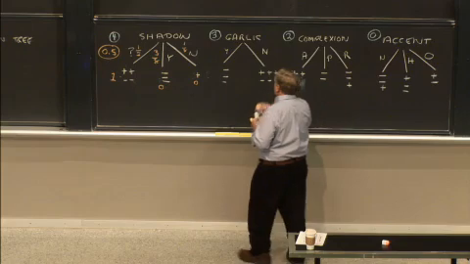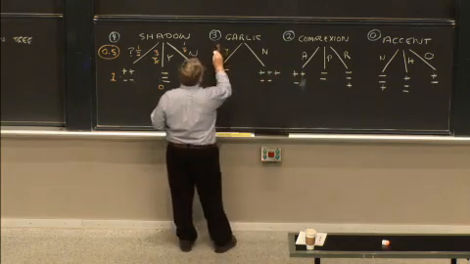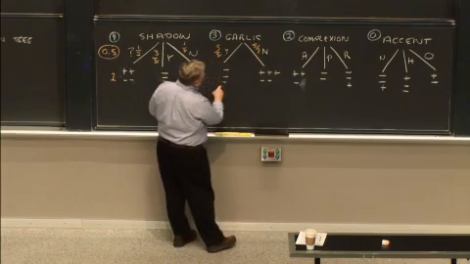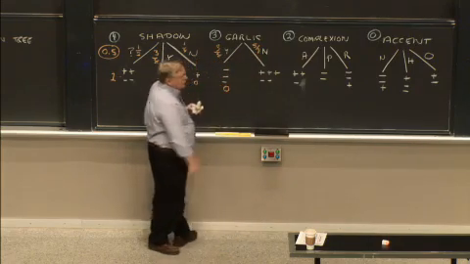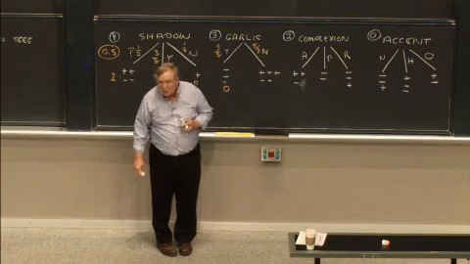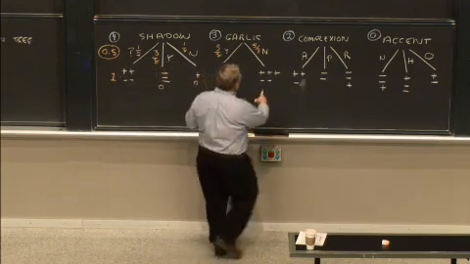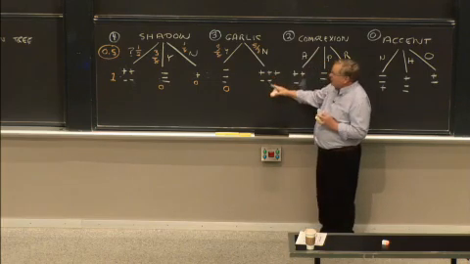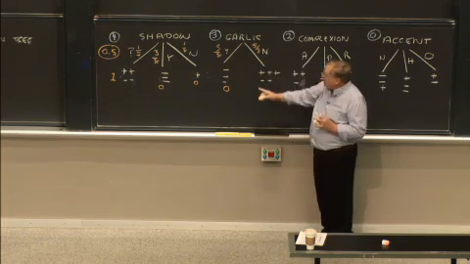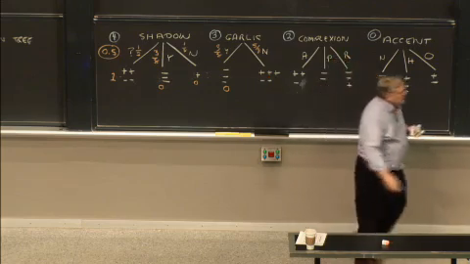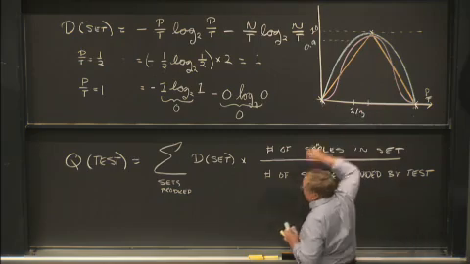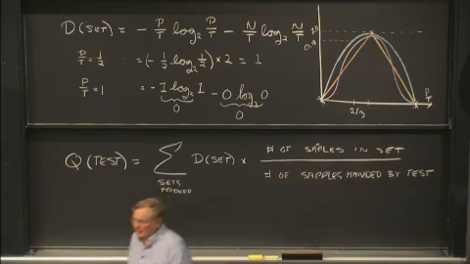Let's do this one. So we have 3/8 coming down this way, 5/8 coming down this way. 3/8 is multiplied by the disorder of a set of uniform things. That's disorder 0. So this one over here, that's 2/5 and 3/5. You know, this is one of those deals where if you look at the curve, you're pretty close to the middle, and that curve goes up to about 0.9 there.